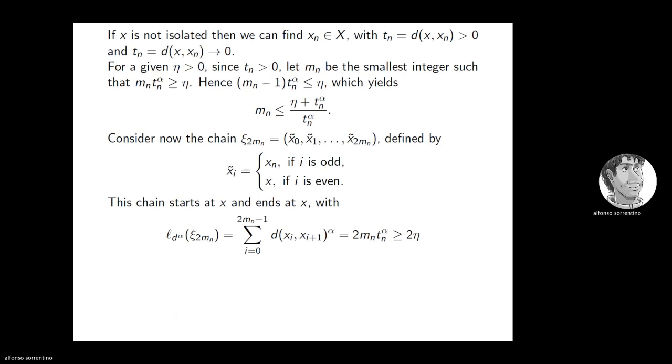So this chain starts at x and ends at x, and what is the length for the alpha of this chain? It's the sum from i equals 0 to 2mn minus 1 of the distance from xi tilde to xi plus 1 tilde. I shouldn't have called it xi, since it's not xn; it's a chain, and this is a link of the chain, so I should put a tilde there. Let me correct that.